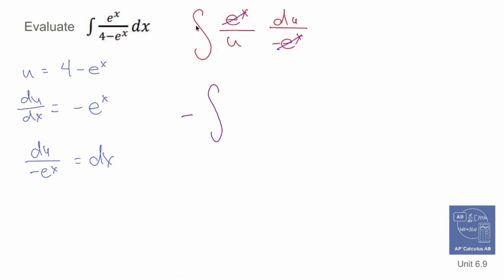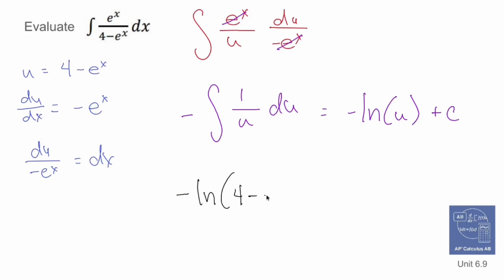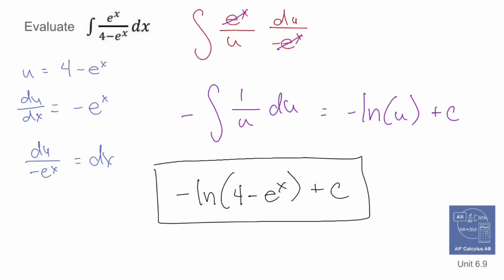So I have the integral of 1 over u du, and the integral of 1 over u is ln of u, so negative ln of u plus that arbitrary c, because this is indefinite. u originally was 4 minus e to the x, so to wrap this up, we have negative ln of 4 minus e to the x plus c.